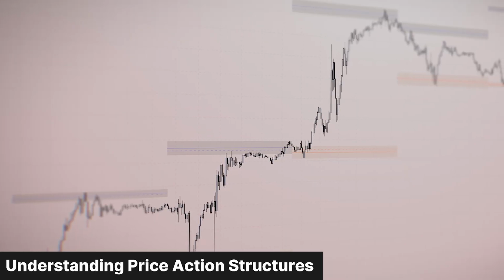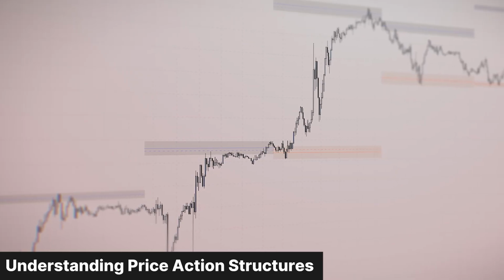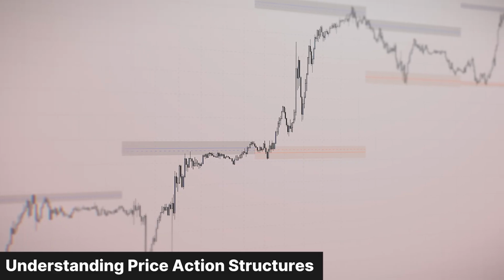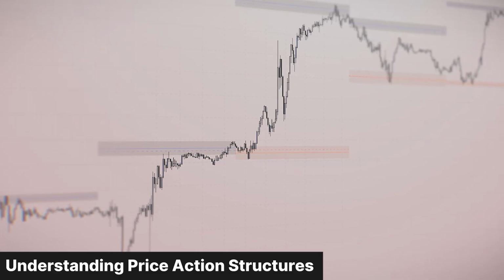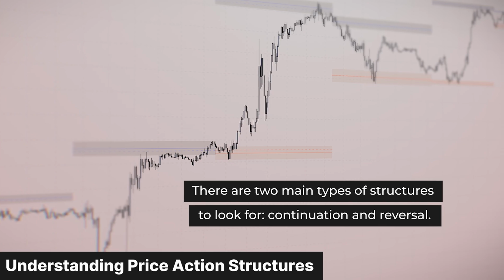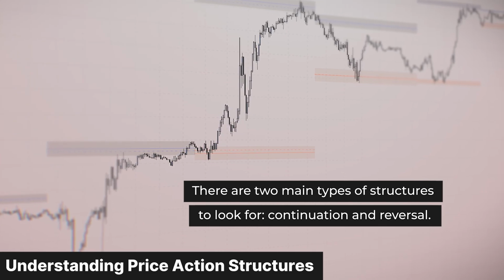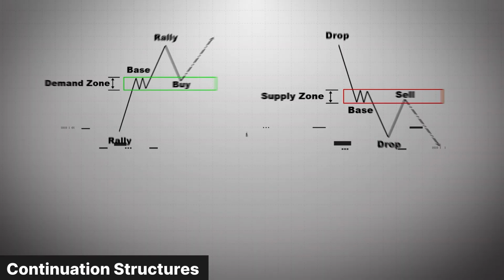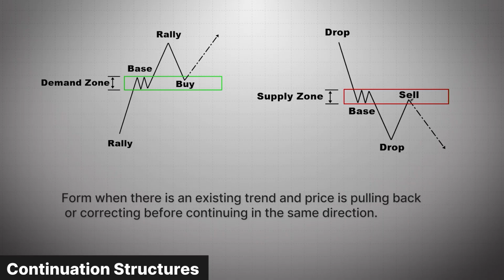To identify fresh zones, you also want to pay attention to the overall structure of the price action. There are 2 main types of structures to look for: continuation and reversal. A continuation structure forms when there's an existing trend in place, and price is just pulling back or correcting against that trend before continuing in the same direction.